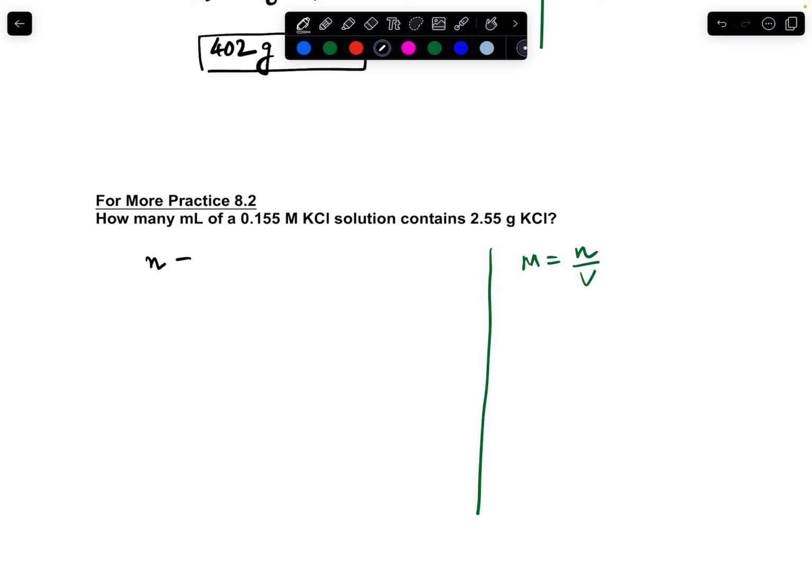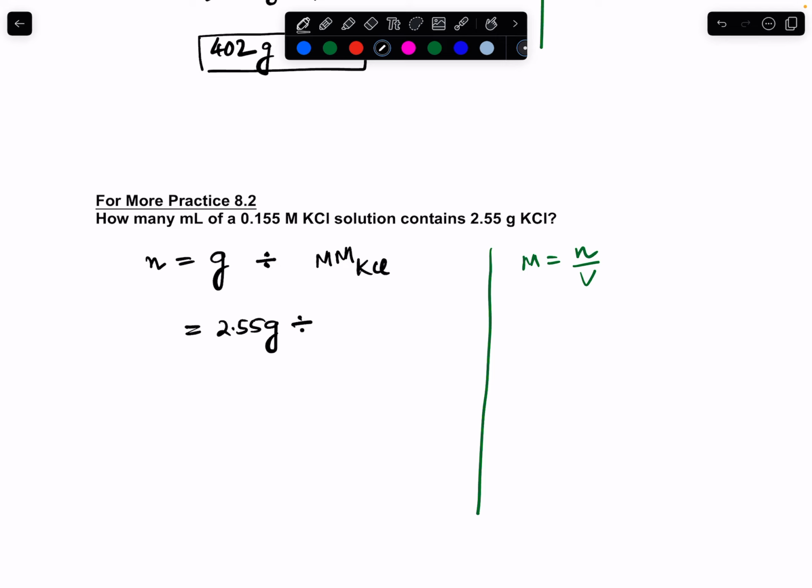So let's go ahead and do that first. N is equal to grams of KCl divided by the molar mass of KCl. We're given the grams, 2.55.